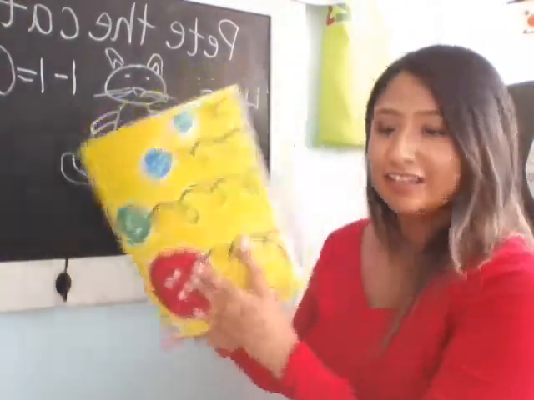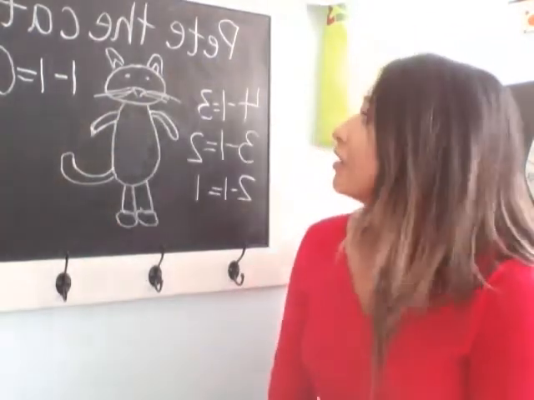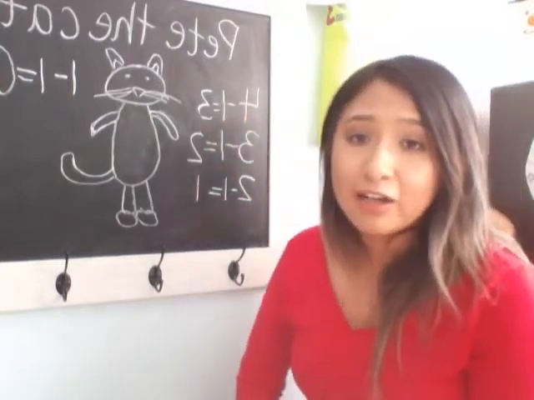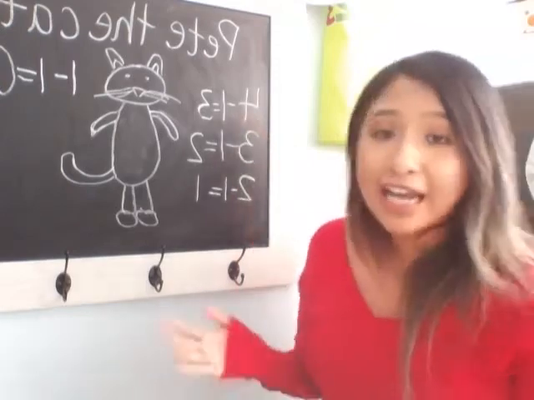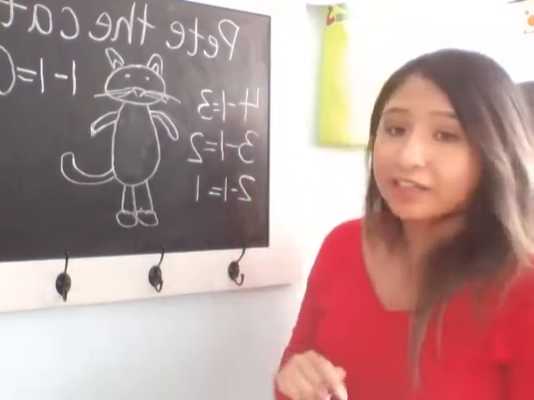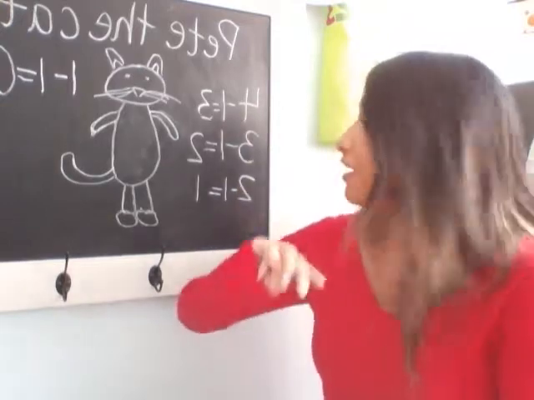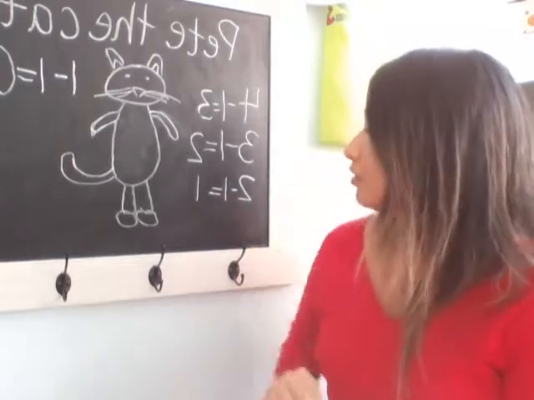The end. So Pete showed us about subtracting. Remember, Pete had 4 buttons and each time he lost 1. So we had 4 and we lost 1, and how many were left? 3. And then he had 3 left, and we took 1 away, and how many were left? 2.